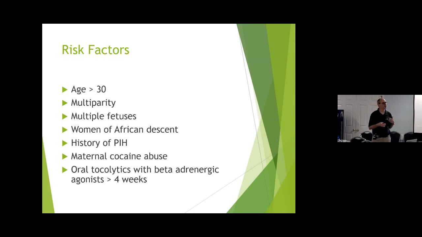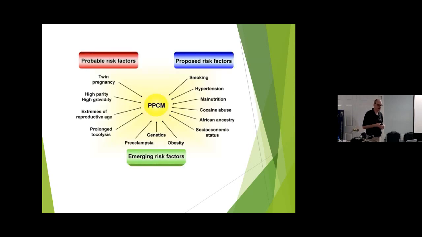A history of pregnancy-induced hypertension, which could be just related to damage to the heart from uncontrolled hypertension. Cocaine abuse, and then oral tocolytics, or people that have preterm labor that they give medicines to stop the contractions. There may be an association with that. We've got probable risk factors, proposed risk factors, emerging risk factors. The bottom line is, it could be none of these, it could be all of these. We still don't truly know.